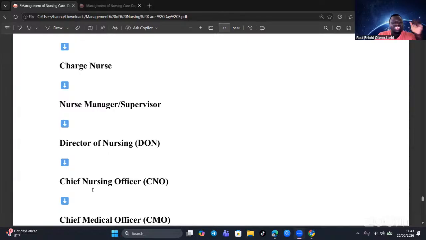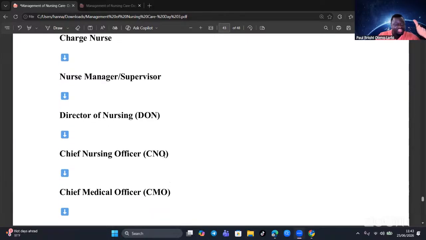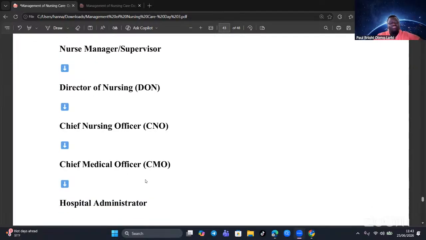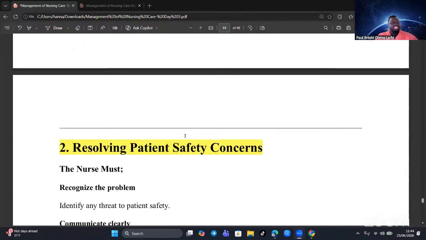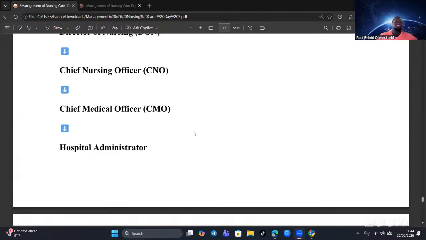Then we have the chief nursing officer, who is also in the hospital. But in Ghana, the chief nursing officer sits at the health ministry. Every hospital has a chief nursing officer. Then the chief medical officer and the hospital administrator, who has a rank or a qualification in business or health administration. And it goes like that.